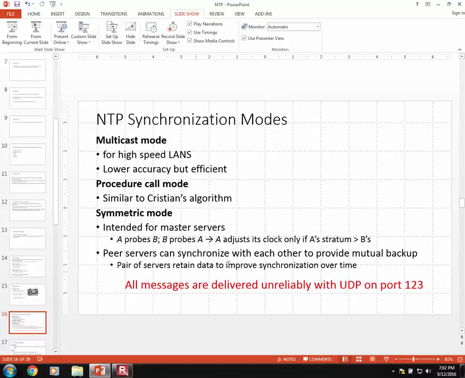So you're talking about servers on the same stratum synchronizing with each other, providing a mutual backup. And the pair of servers can retain data to improve synchronization over time. So there's a lot of different ways that NTP can be tweaked and configured to make time on the network as accurate as possible.